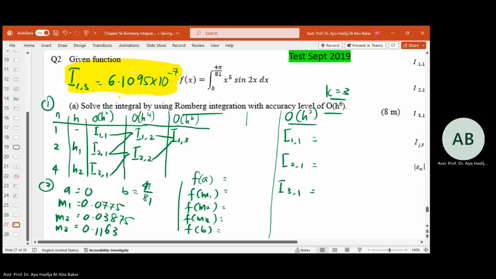Same? Did you get the same? What do you get? 10 power negative 7, somewhere there. True value, what do you get for your true value? Correct.